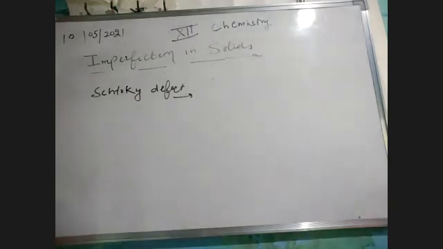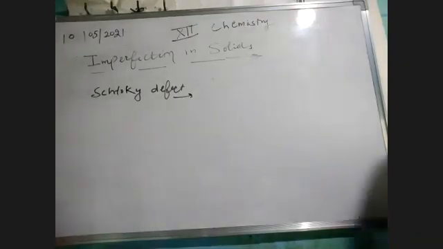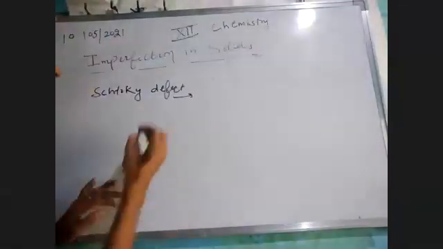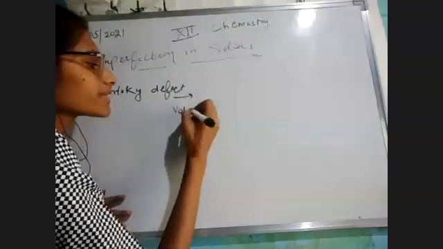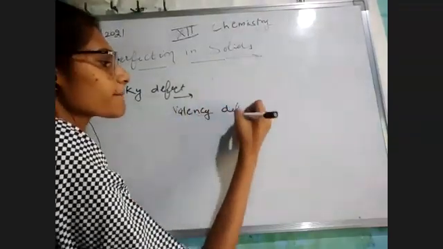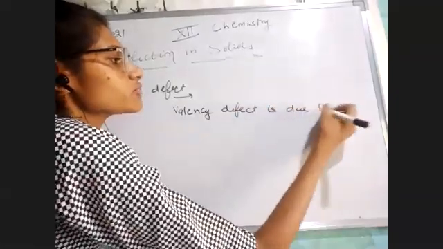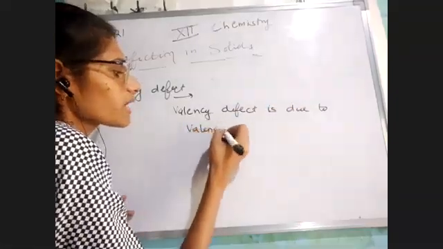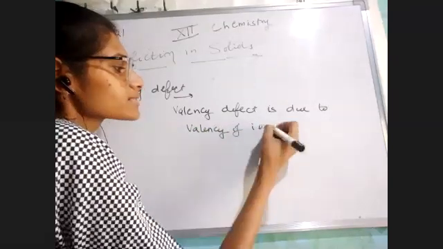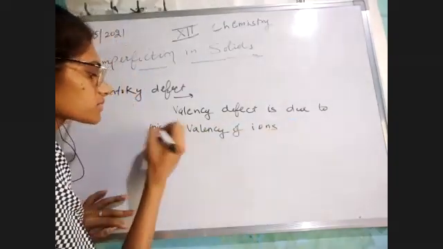So we will say the Schottky defect is basically a valency defect, which is due to the valency of ions, or we can say missing of ions.